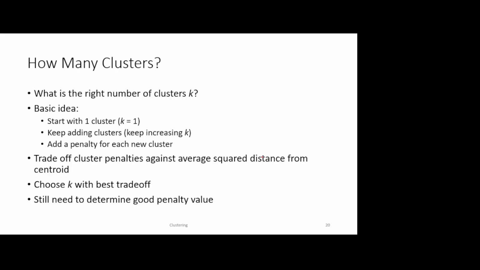But the same problem comes: what's the penalty you should use? It's also a problem. You cannot get rid of the issue of choosing K.